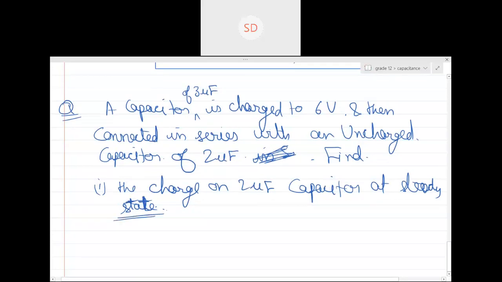Steady state means after a very long time. So basically you have connected these capacitors. One was charged, one was uncharged, and now you leave it for a very long time. So what will happen? Charge distribution will take place. They are asking what is the final charge on the 2 microfarad capacitor at this state. Second, what is the potential difference across the 3 microfarad capacitor? Although it will be exactly the same as the 2 microfarad at steady state, still, let's get started.